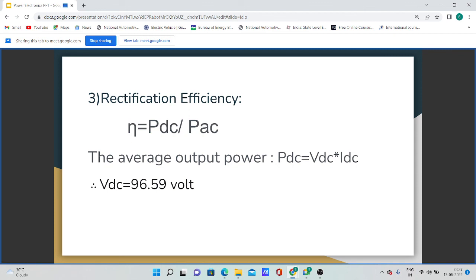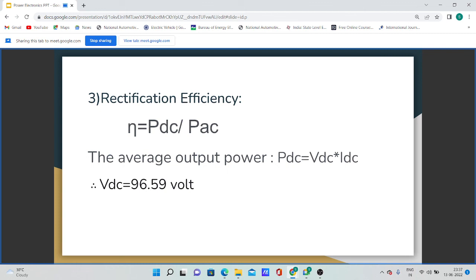then the term is rectification efficiency. Generally, efficiency is a ratio of output to input. Rectification efficiency is given by the ratio of output DC power to the input AC power. For a half wave rectifier, rectification efficiency is 40.6%.